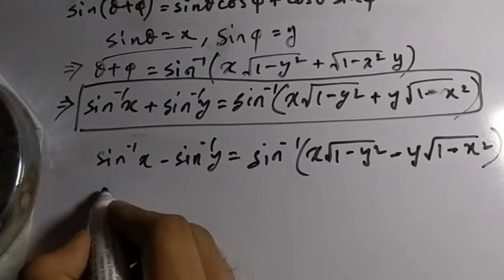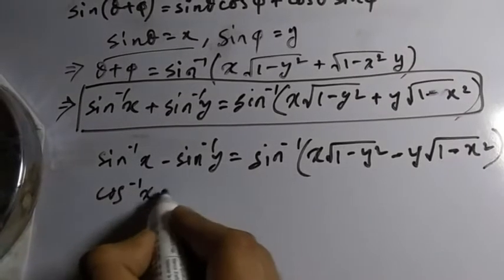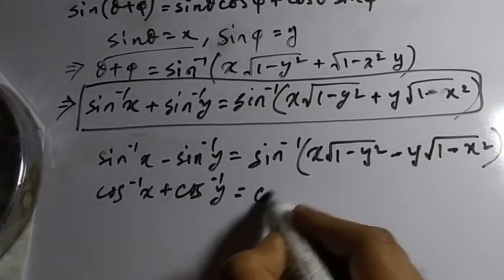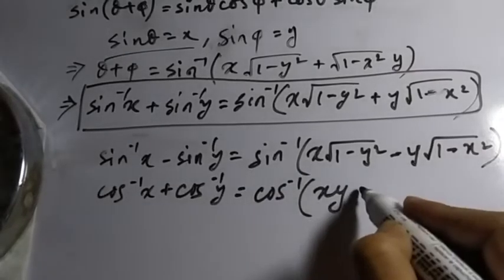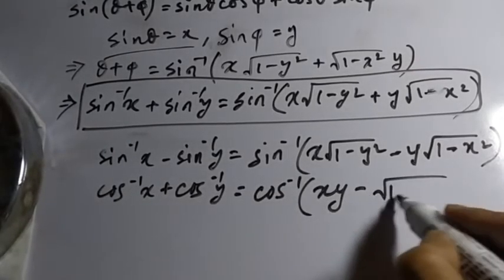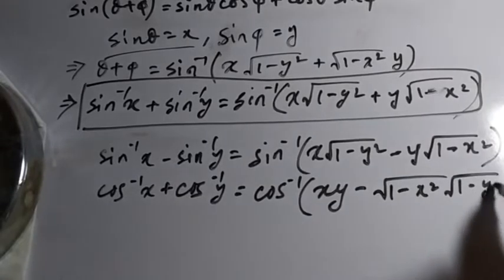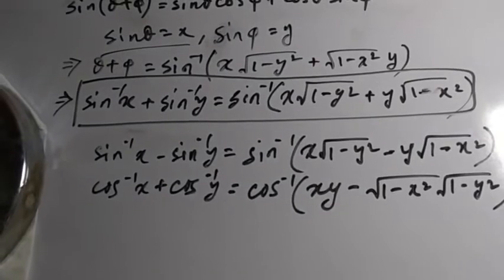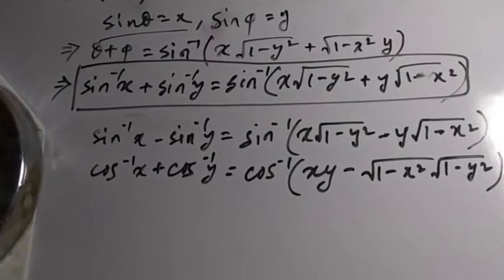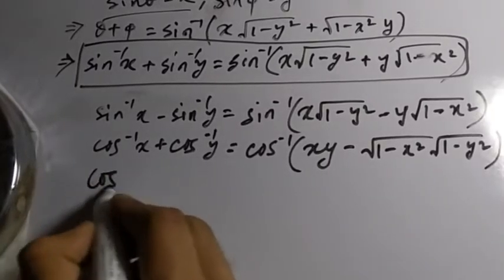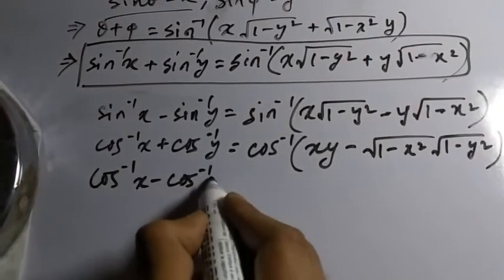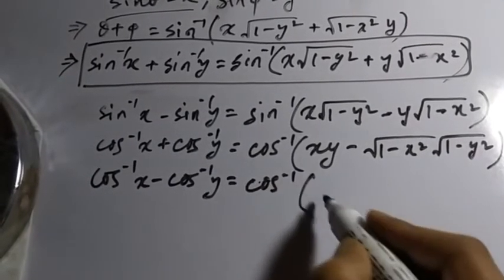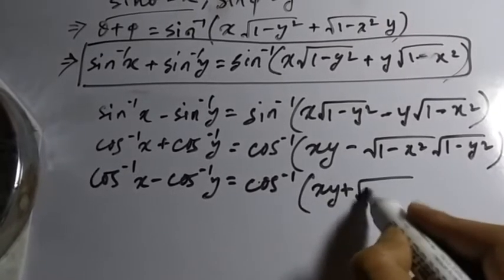And also the formula for cos inverse x plus cos inverse y will be cos inverse of xy minus root over of 1 minus x square and 1 minus y square, because in this case we take cos theta equal to x and cos phi equal to y. Similarly, cos inverse x minus cos inverse y will be cos inverse of xy plus root over of these two terms.